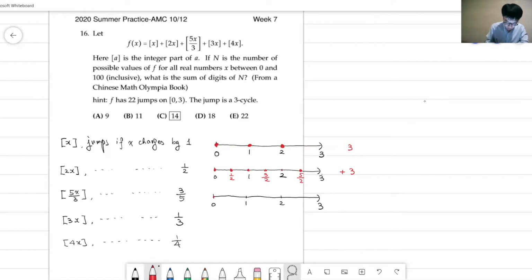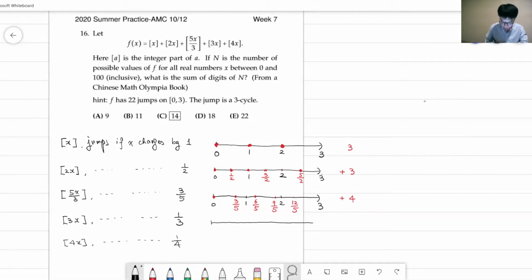It's 0 here, and 3 over 5 here, and 6 over 5, and the next 9 over 5, and 12 over 5. We have 4 new numbers, so we add 4 in this part. Okay, we don't count old numbers anymore.